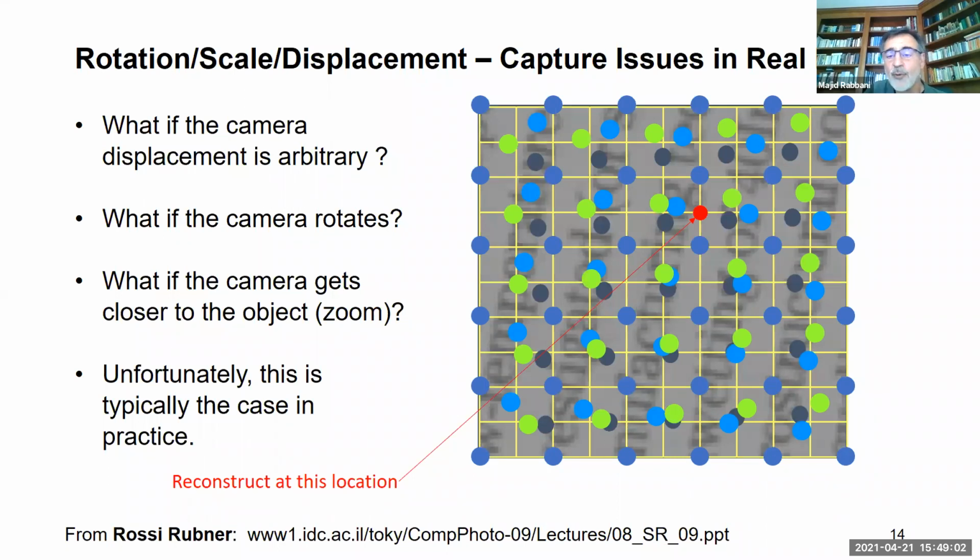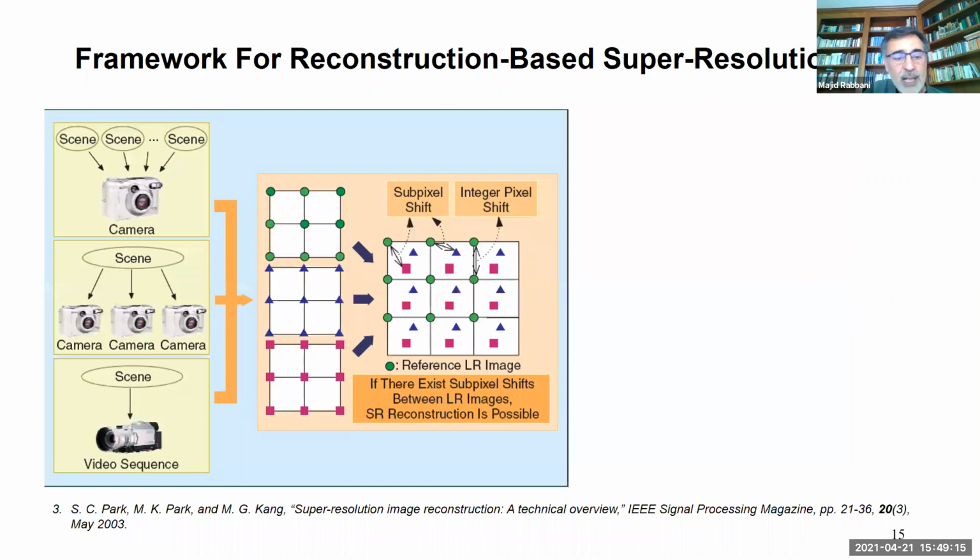Okay, so what do we do? Well, all of these super resolution algorithms that are based on what we call reconstruction are based on looking at a series of images. They all have to face this problem. This is a picture from a very nice review of super resolution image reconstruction in IEEE Signal Processing magazine in 2003.